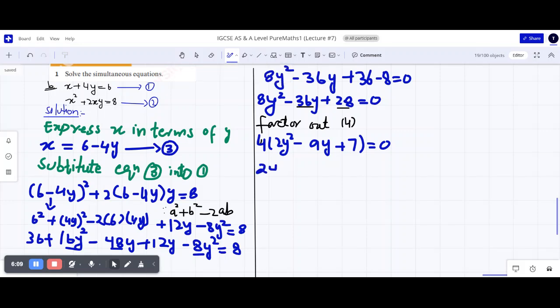So our quadratic equation is 2y squared minus 9y plus 7 equals 0.